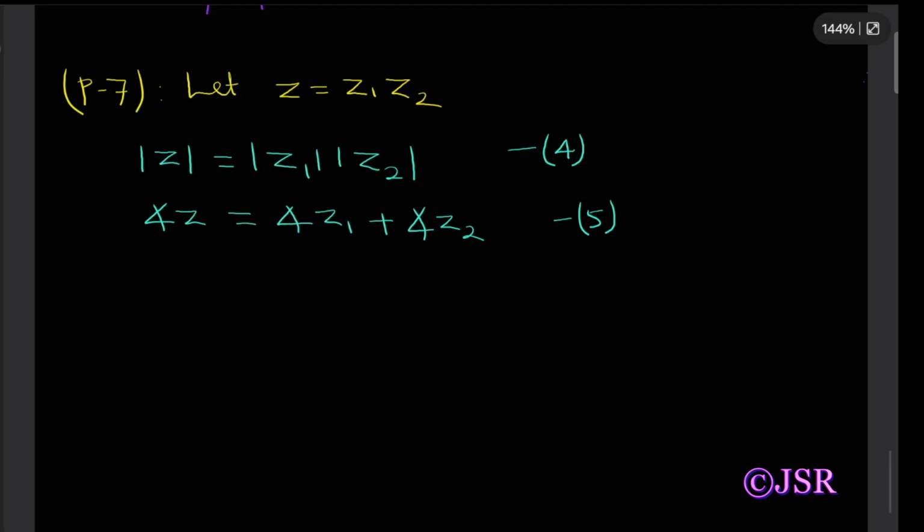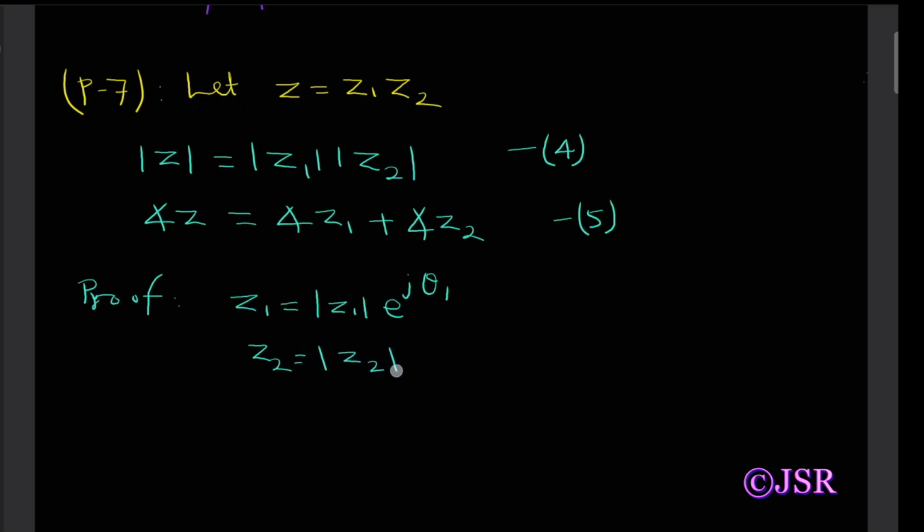So to prove this, we will use the polar form of z1 and z2. So let's assume z1 equal to mod z1 e to the power j theta 1 and z2 equal to mod z2 e to the power j theta 2.